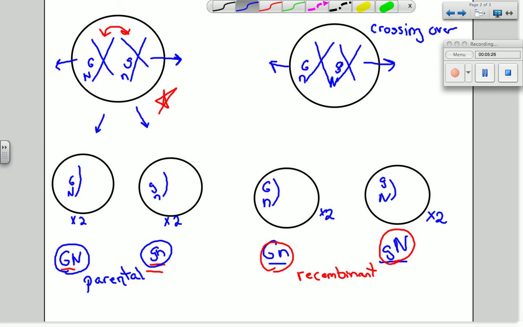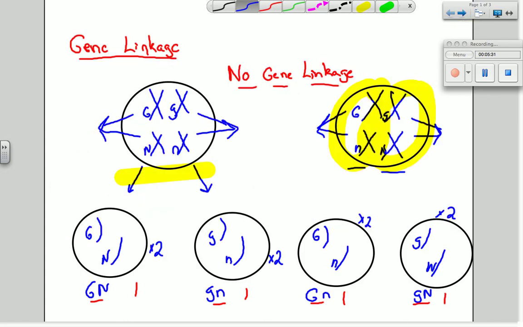For example, if I were to look at my offspring and I saw that there were, I'll write these numbers in green, 100 baby fruit flies. And out of that 100, about 26 of them looked like this, had capital G, capital N, which would mean that the offspring looks like the dominant traits, capital G and capital N. This one, let's say, had about 24 out of the 100 offspring.